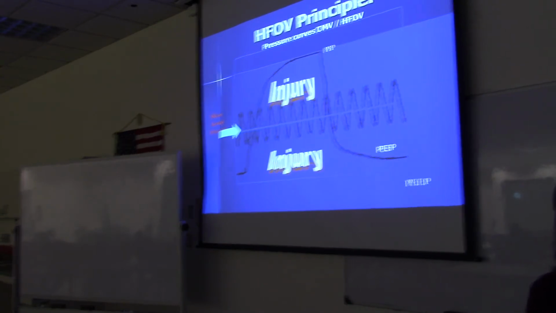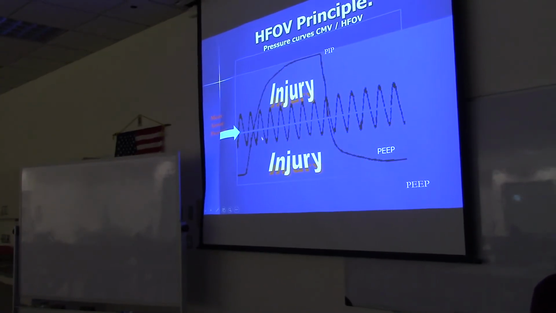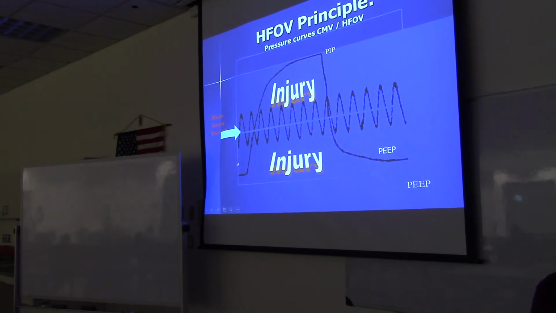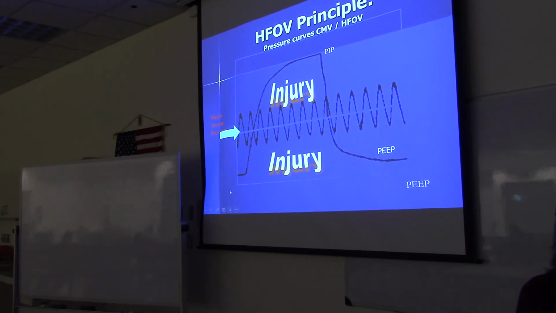All right, so this compares ventilation with high frequency versus conventional ventilation. This black line that goes way up is showing a typical breath that we give with a mechanical ventilator. During inspiration, there's higher pressure, and then on exhalation, it goes back down to PEEP. With high frequency ventilation, you inflate the lungs, you keep them inflated, and it's called the mean airway pressure.